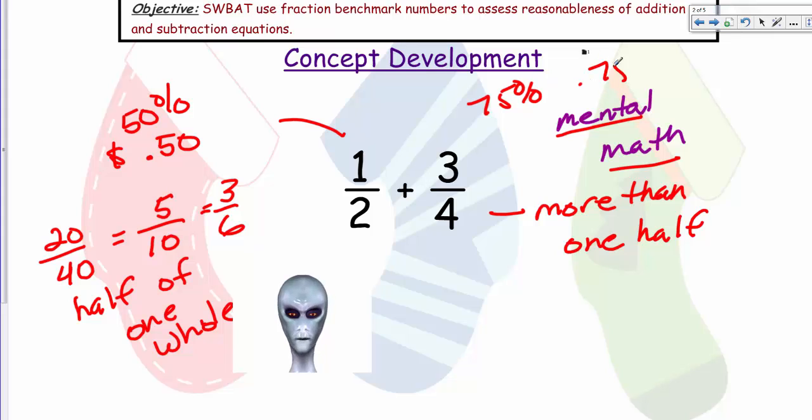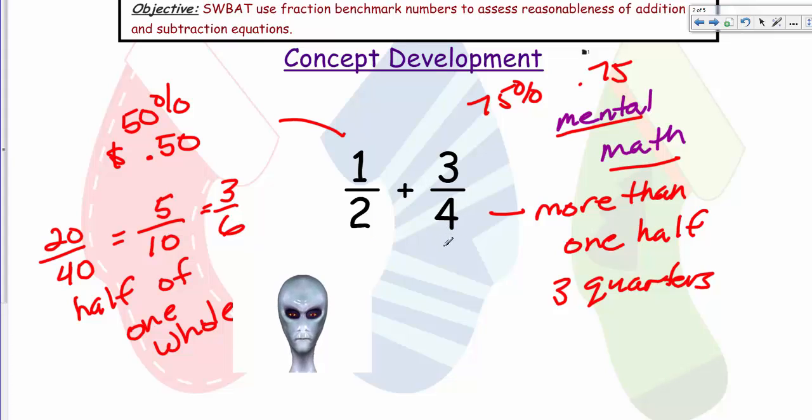It can also be written as 0.75 in decimal. And it would be 3/4 of a dollar. If you think of a dollar, it's 3/4. So what I'm doing here is creating a picture of these fractions so that I can better understand them if I were to evaluate them being added with each other.